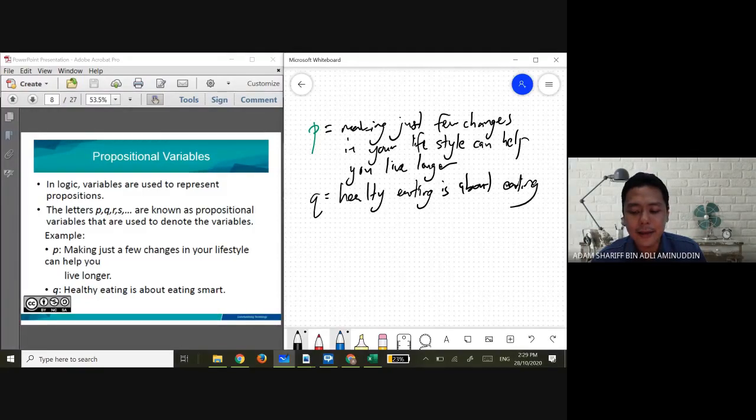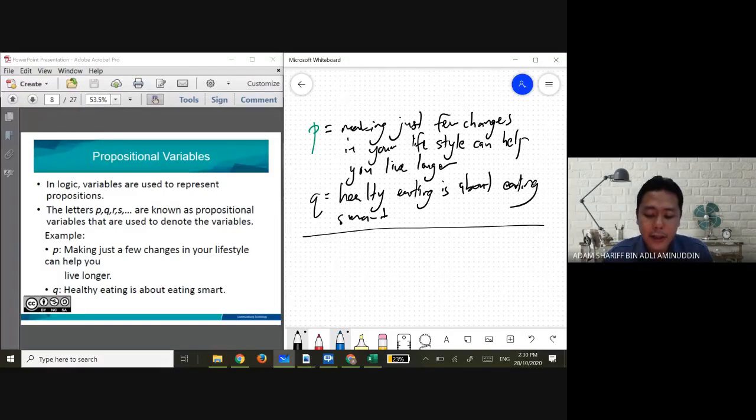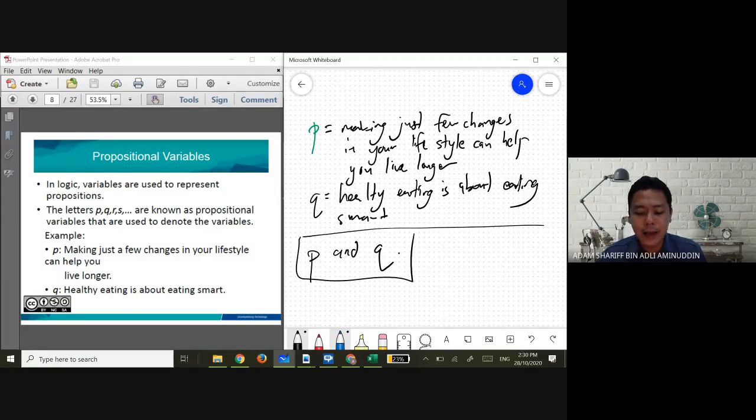Okay. As shown here, you have two atomic propositions, atomic proposition P and atomic proposition Q. And I also can combine them. For example, just now I gave you the example P and Q. If I say in an English sentence, what will be P and Q?